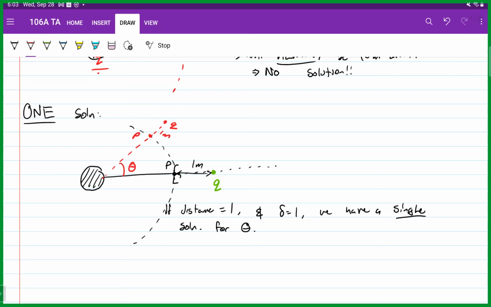So when we just have this Q coming radially outwards like that, and it's beyond the maximum reach, then we're going to end up with this single solution.